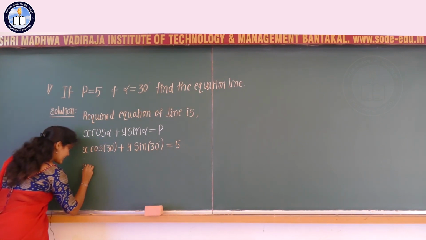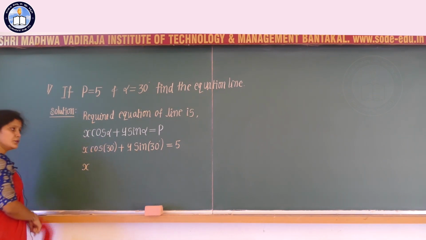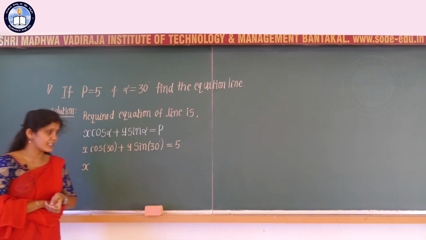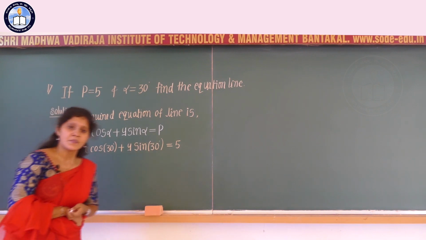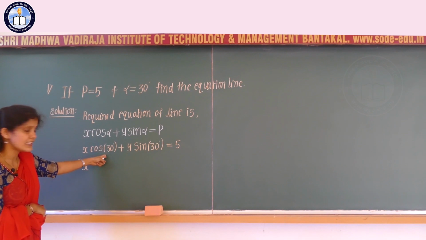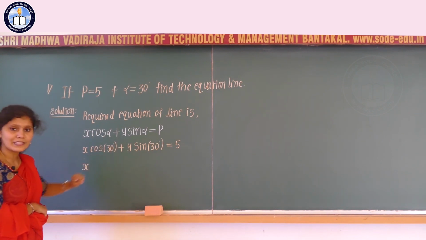Next, you already know the values of cos theta and sin theta. What is sin 30 degree? Sin 30 degree is equal to 1 by 2, and what is cos 30 degree? That is root 3 by 2.